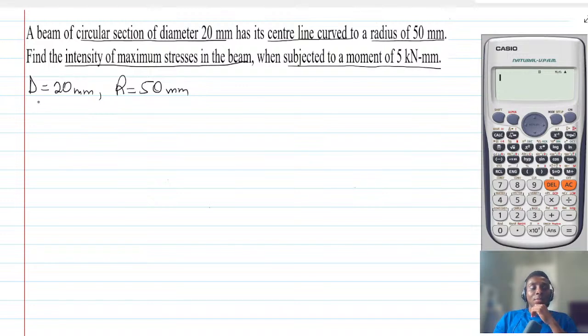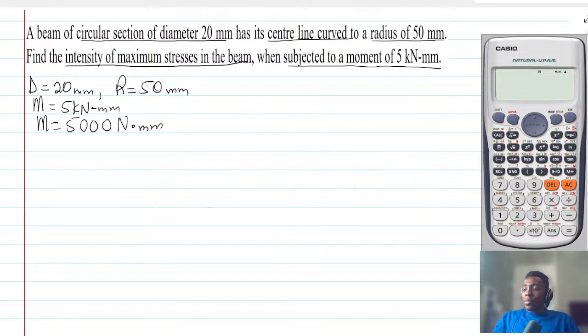So the moment or the bending moment is actually 5 kilonewton millimeter. So essentially the moment is 5,000 Newton millimeter.